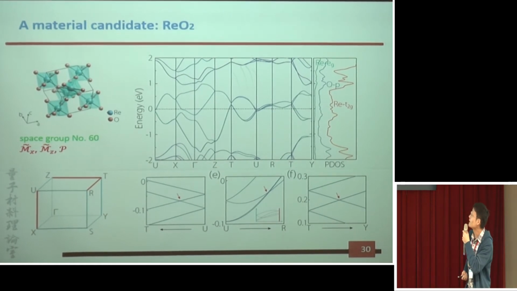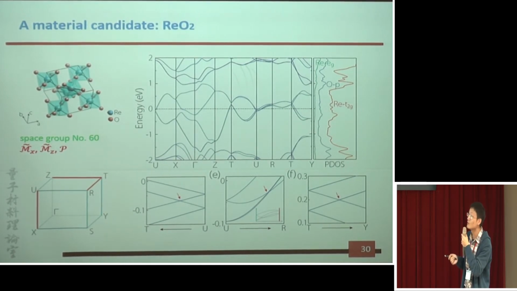And we identify a candidate material, which is rhenium oxide. The important symmetries for this kind of structure are these: there are two glide mirrors orthogonal to each other, and also inversion symmetry, and again time reversal.